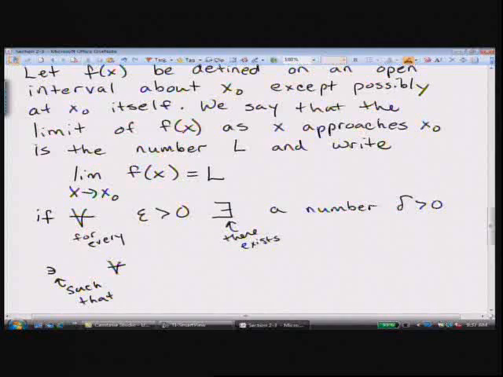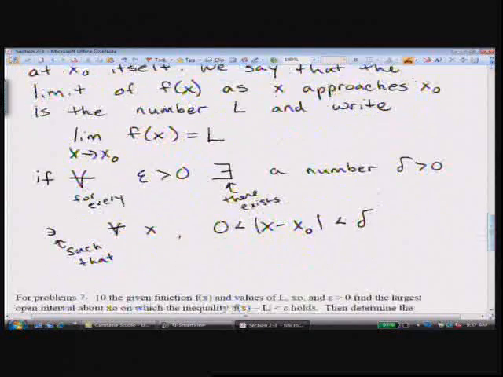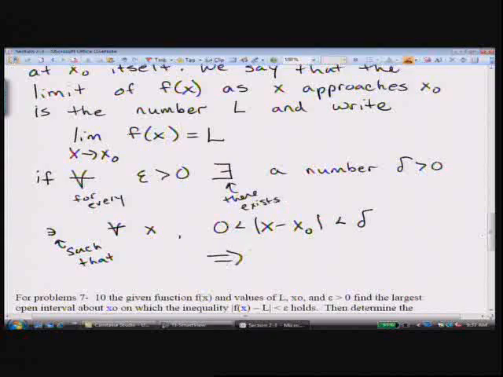For all, or for every x, whenever 0 is less than the absolute value of x minus x naught, which is less than delta, that implies that the absolute value of f of x minus L is less than epsilon.